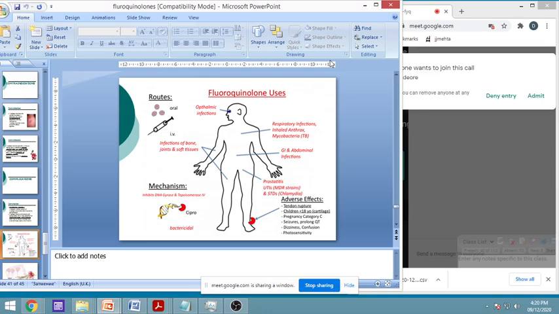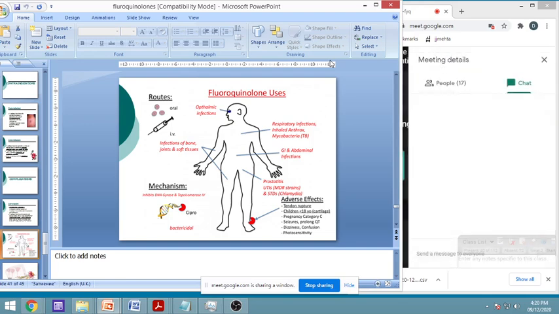Even ear drops are there; we call them eye and ear drops. So they are available for the ear also, and they are very good for various ophthalmic infections. As I told you, ophthalmic preparations like ointments and eye drops are available, and ear drops are available.